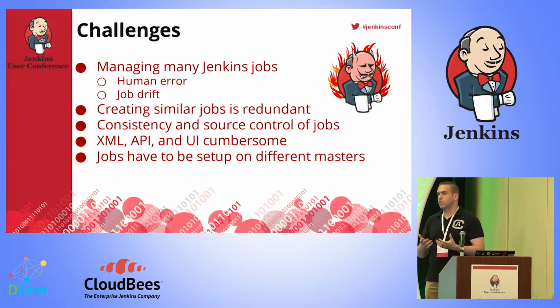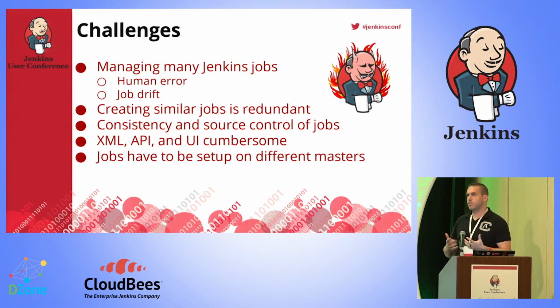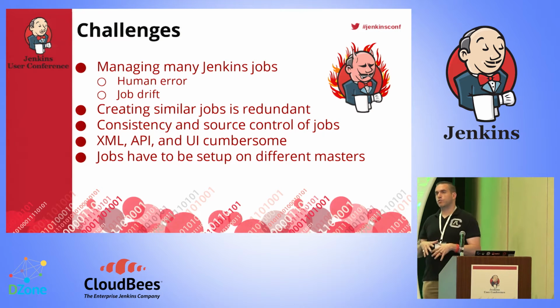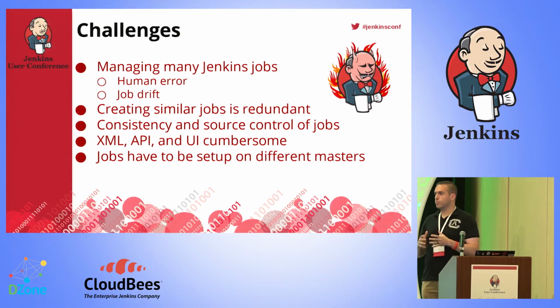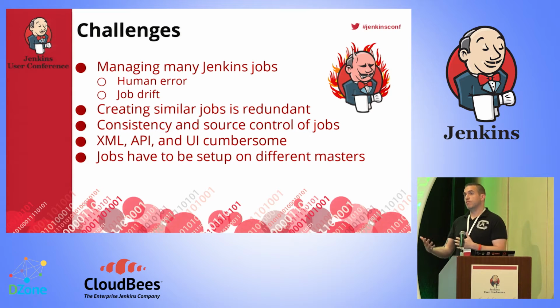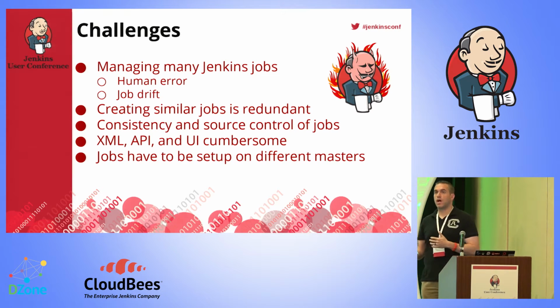Another thing is the consistency and the source control of your jobs. Even if you back up your Jenkins master, it'd be great to have those jobs in some type of source control so you can keep them version controlled, and also so that if people are changing their dev code, they can change a Jenkins job at the same time.